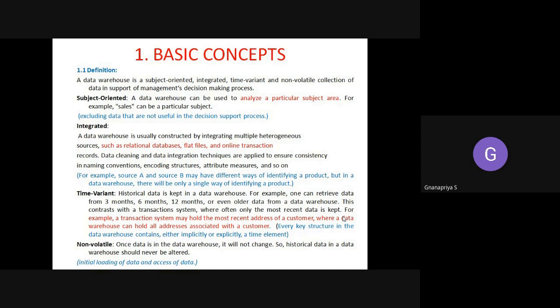But in recent times, every organization has its own warehouse. Therefore, they maintain all the information related to a customer since the start of the organization? Maybe since they purchased or started using the warehouse, they will maintain.